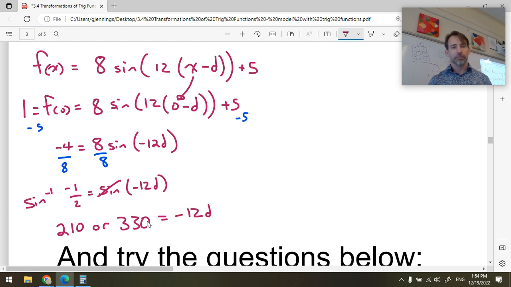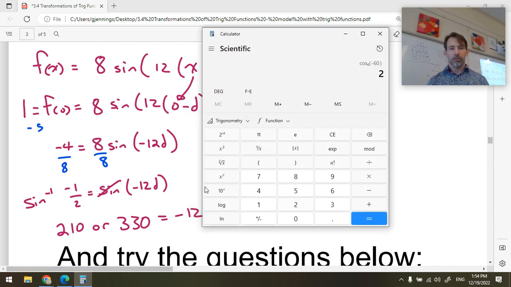Solve each. 210 equals negative 12d, so d equals 210 over negative 12, which is negative 17.5.